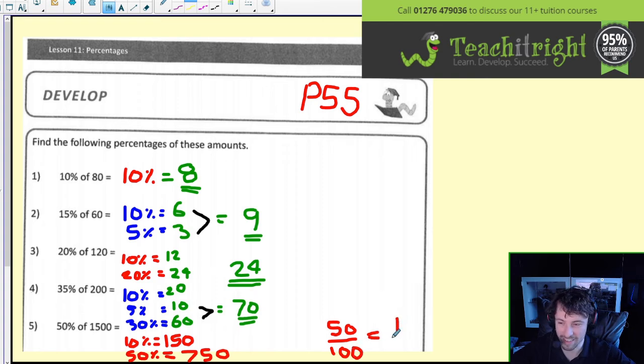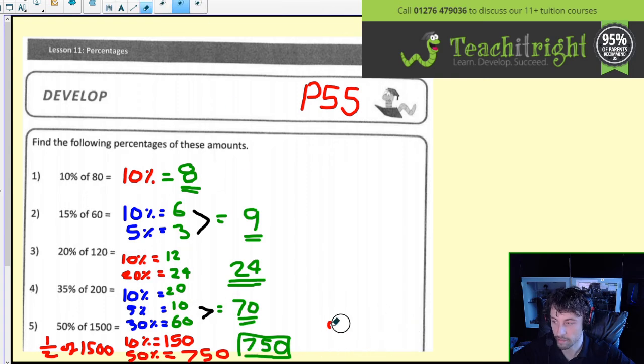It simplifies down to half. So what we've actually done here is work out half of 1500. So if you chose to, you could have equally done half of 1500, which also equals, final answer, 750. However you got there is perfectly correct.